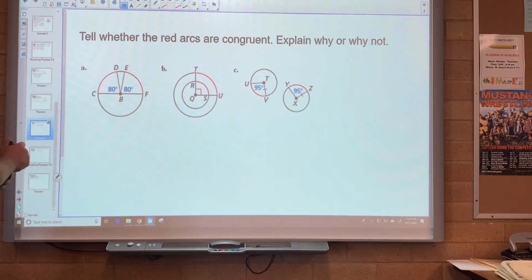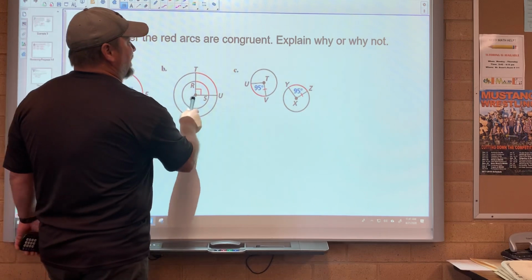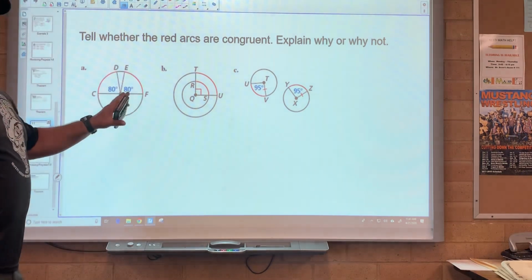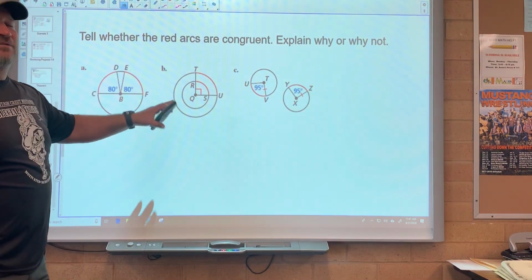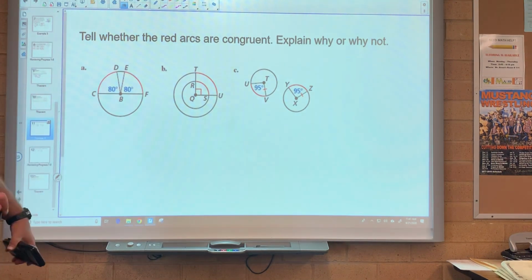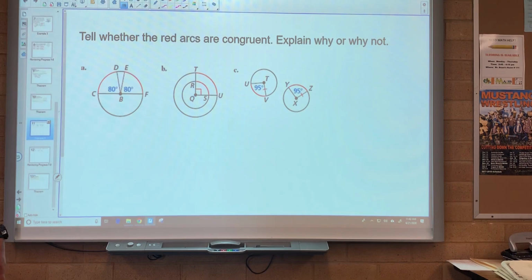All right, let's see whether or not these are congruent arcs. Okay, we need to make sure that you understand something. This picture right here is the tricky one. It's really, really tricky. I'm going to try to show you something that's really important here. Congruent means they're the same length. Okay, congruent means they're the same length.